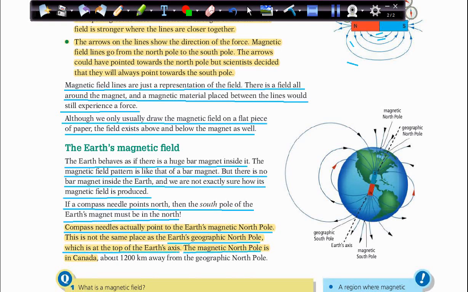The magnetic North Pole is in Canada, about 1,200 kilometers away from the geographic North Pole. So it's not the same as the geographic North Pole of the Earth.